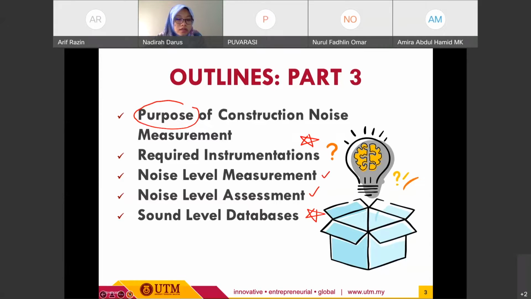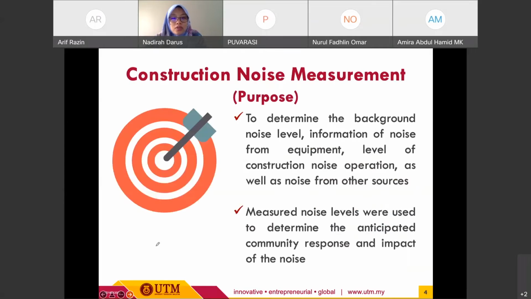Okay. So as I mentioned just now, we need to know the purpose for construction noise measurement. Why we need to conduct construction noise measurement. Okay. So overall, the main purpose of noise measurement is to determine the background noise level. Later we will see this background noise level in our calculation.